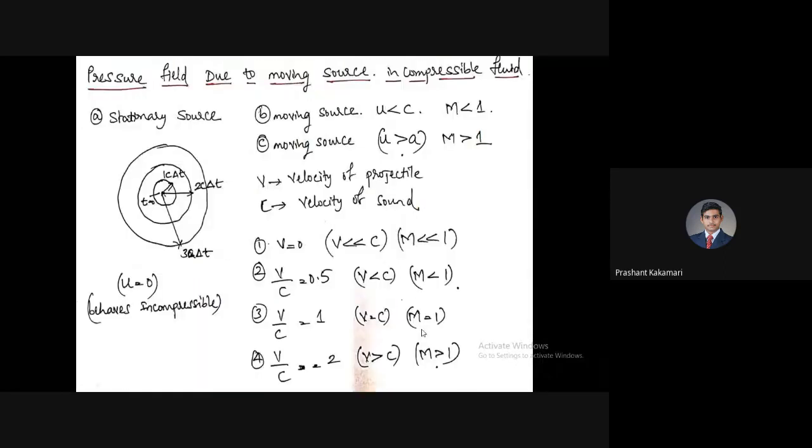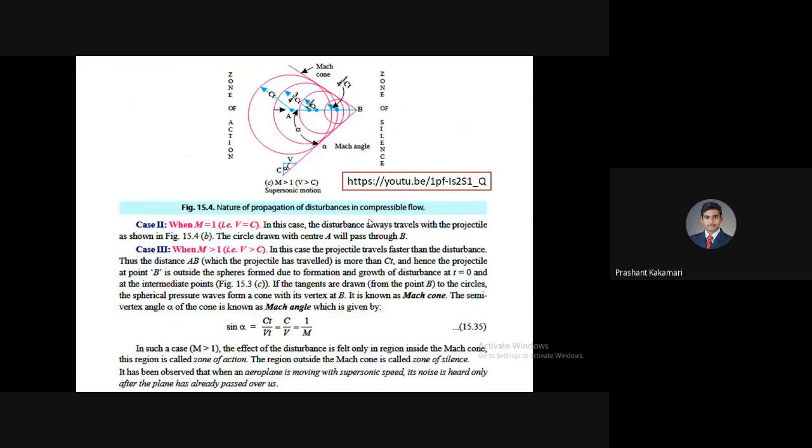In the same fashion, you have seen the formation of the cone. Here you can see the body is moving faster than the speed of sound. See the magnitude from A to this point, then this point and up to B. The magnitude is high.